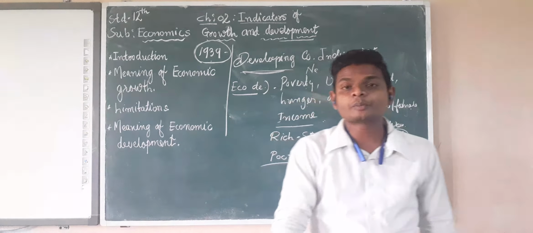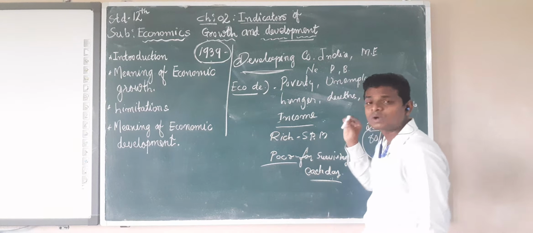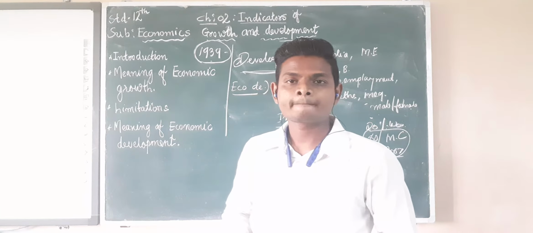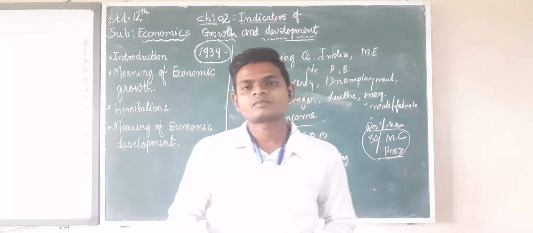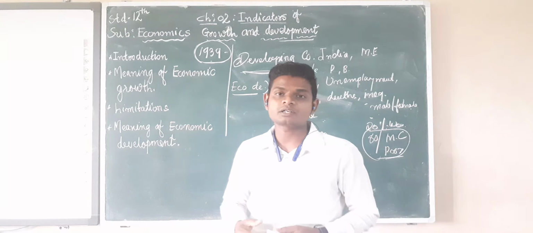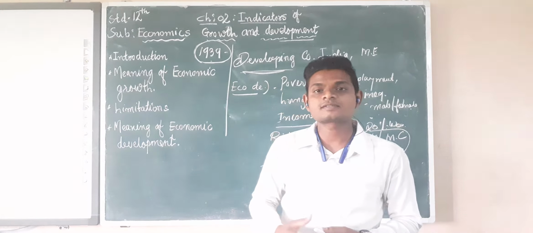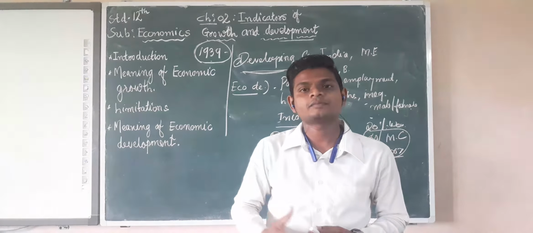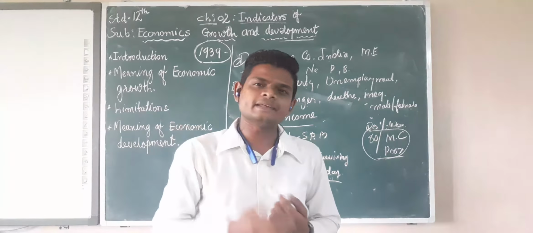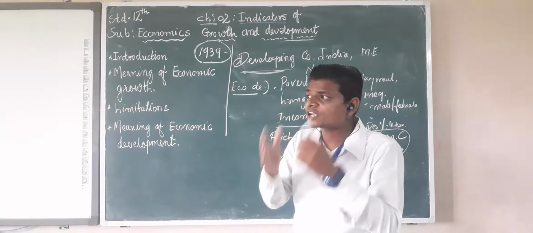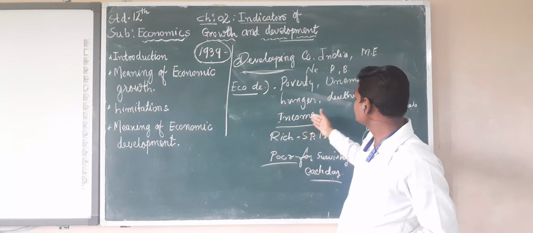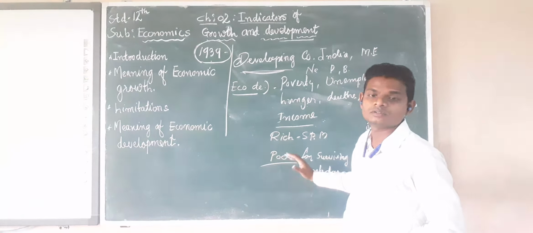Then wealth distribution, the same thing. Anil Ambani, Mukesh Ambani, Lakshmi Mittal, then Ratan Tata, then the owner of DMart, then Reliance, then Sahara. They are very rich people. Rich means very rich. So inequality of the wealth between the rich and the poor.